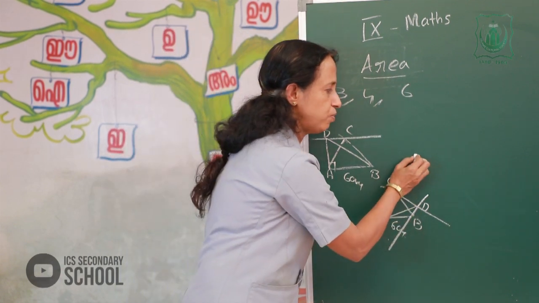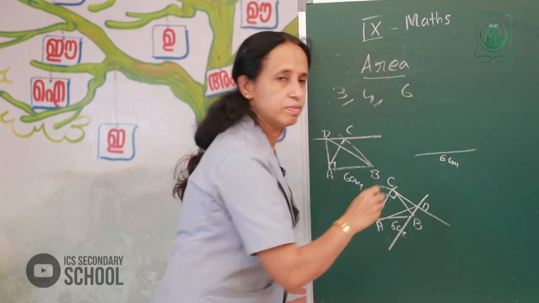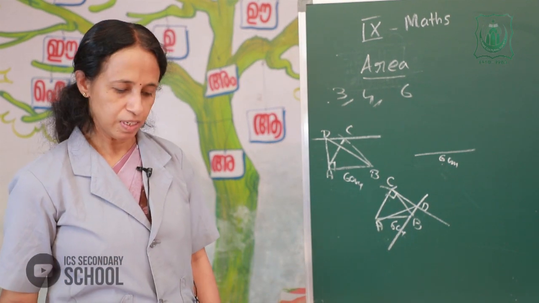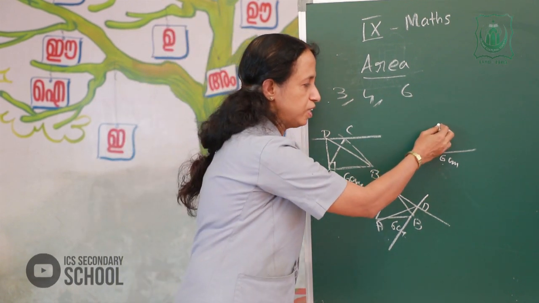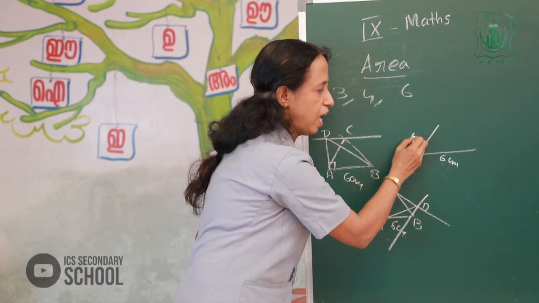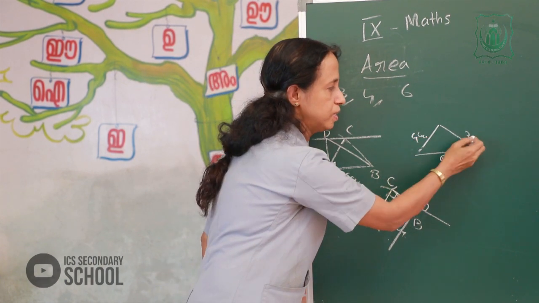The base of this triangle is 6 centimeters. The other sides are 4 centimeters and 3 centimeters.